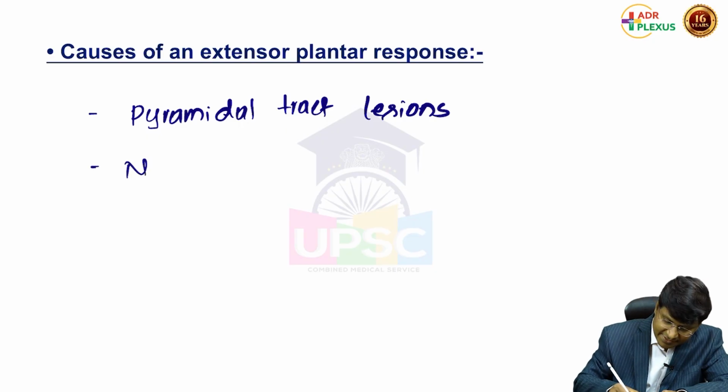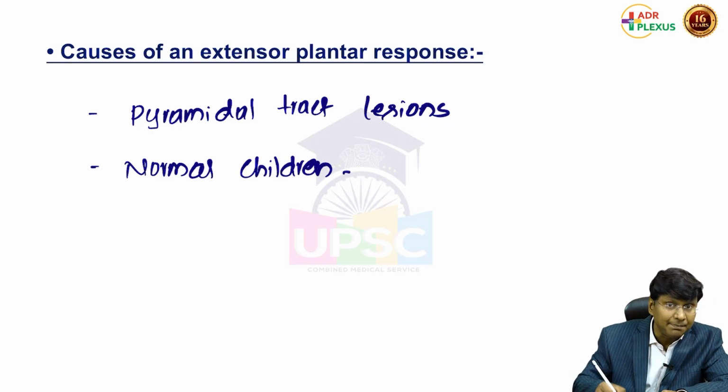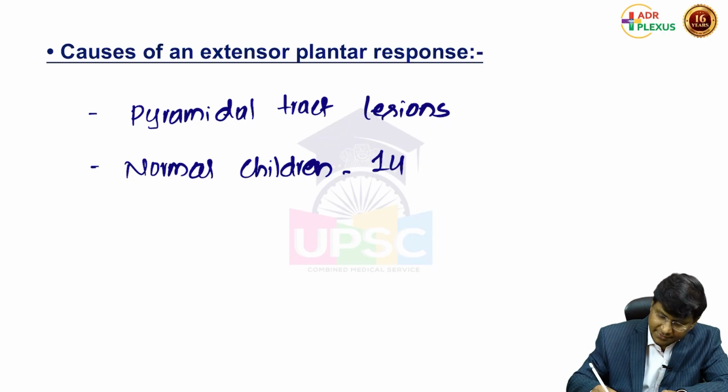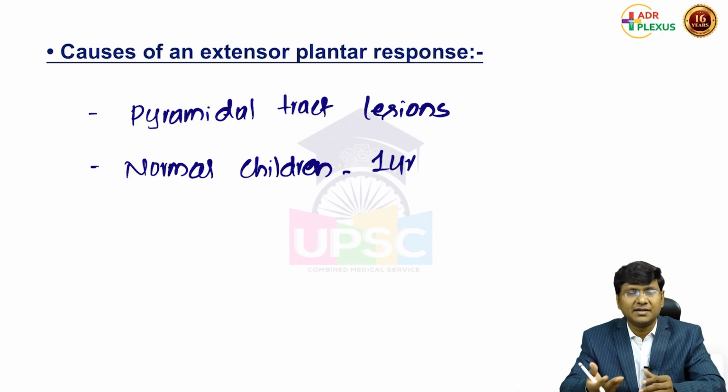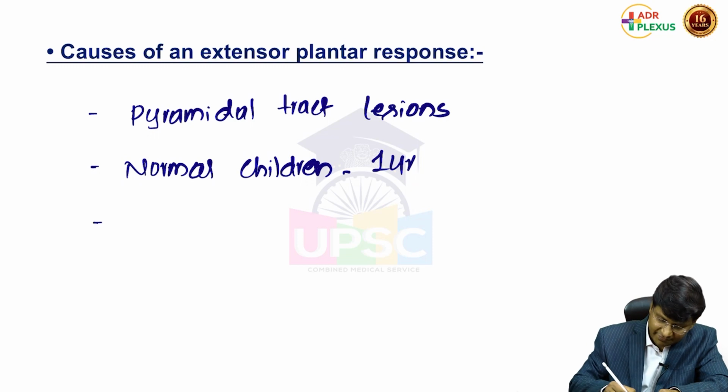Then the presence of extensor plantar reflex is normal in children up to the age of 1 year, because until 1 year the myelin sheath has not formed around the pyramidal tract. So until then, whenever you elicit the plantar reflex, there will be an extensor plantar reflex.